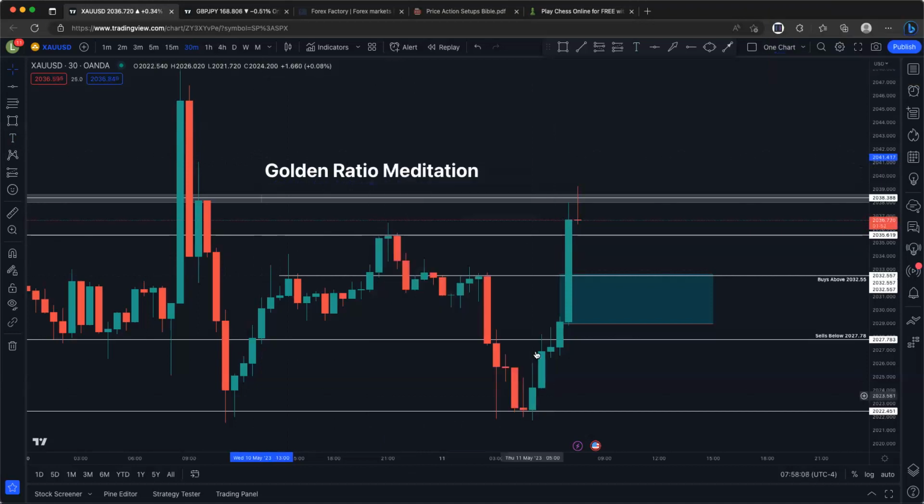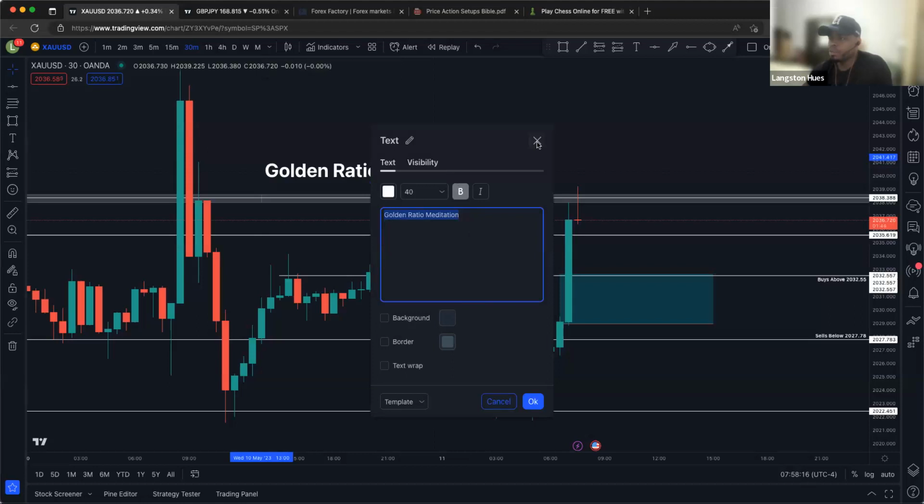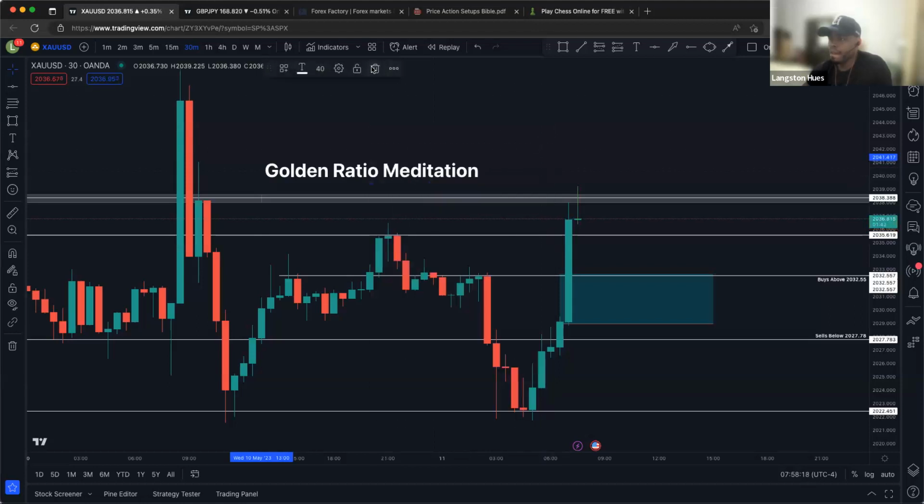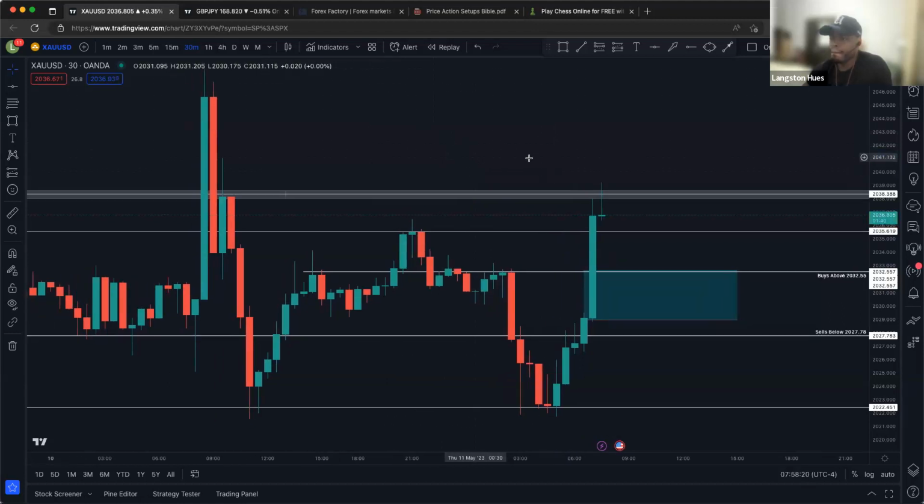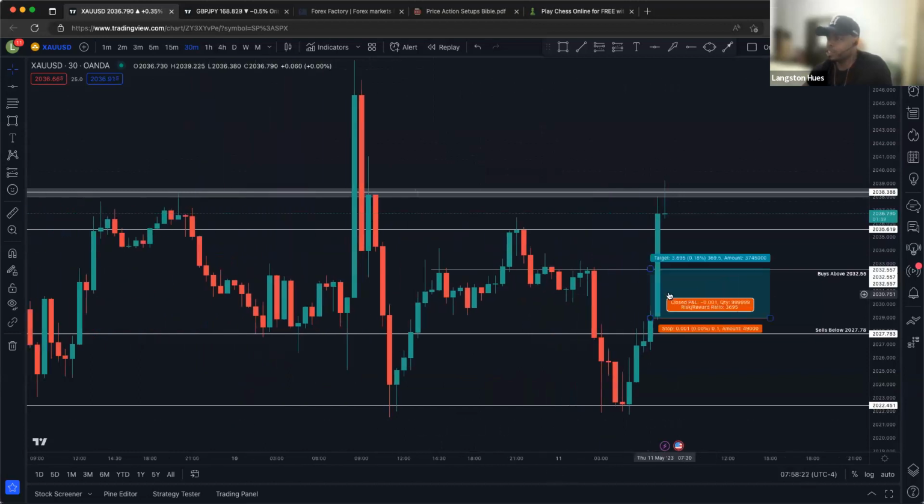Yeah, I'll send it. Actually, I'll send it in the group chat here. It's actually really, really good. Golden ratio meditation. Yeah, please share it. Thank you. GRM, golden ratio meditation.